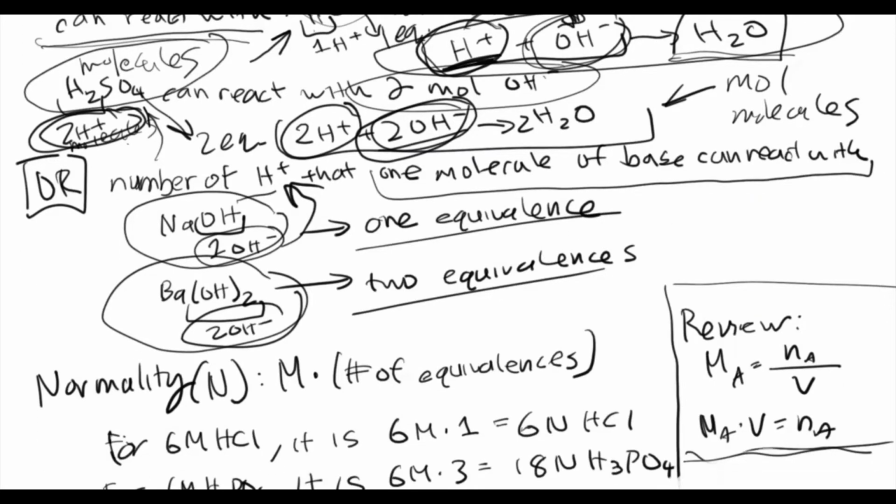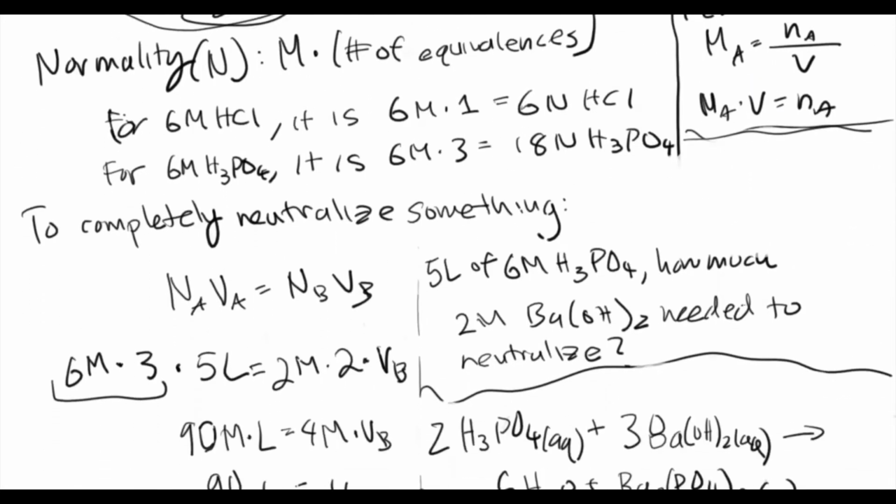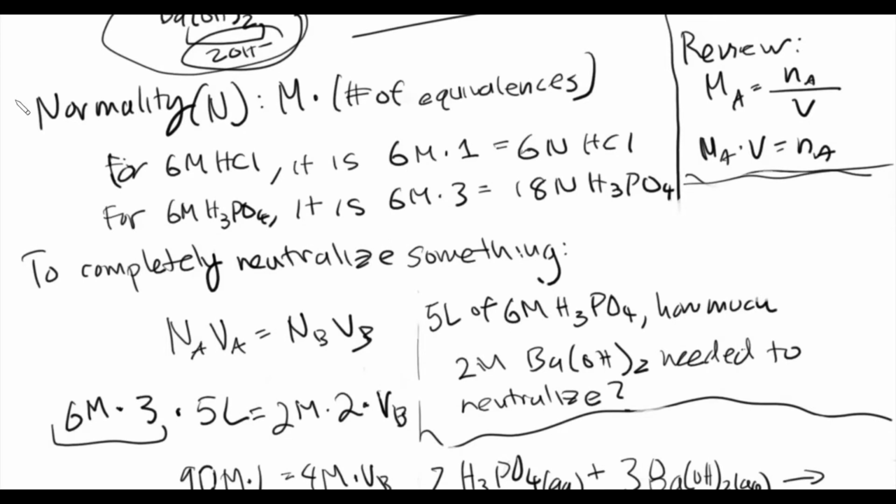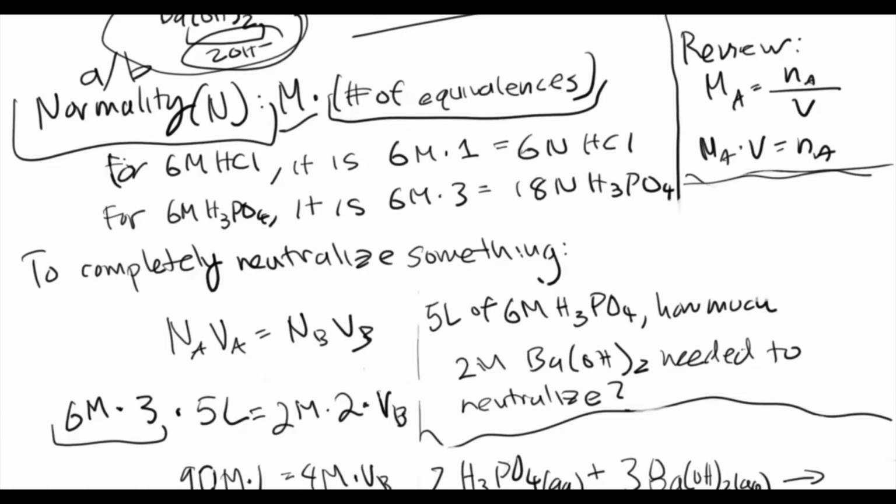And now let's move on to the next important topic, probably more important than the last topic, but who am I to say that things are important or not? Let's talk about normality. Normality is represented by the letter N. Normality is equal to the molarity, and we're talking about acids and bases here, by the way, times the number of equivalences.